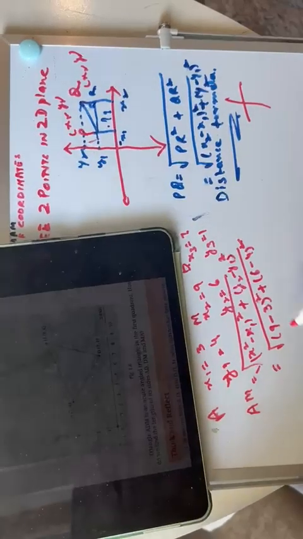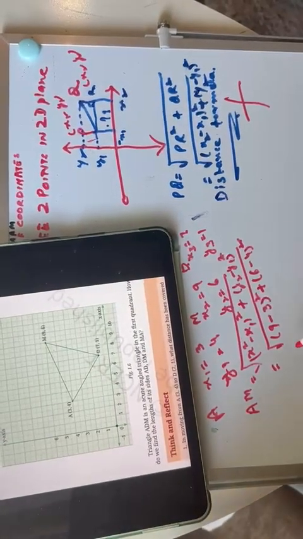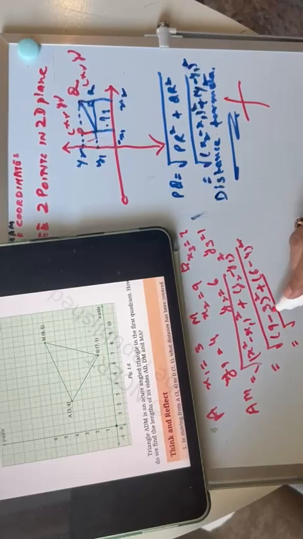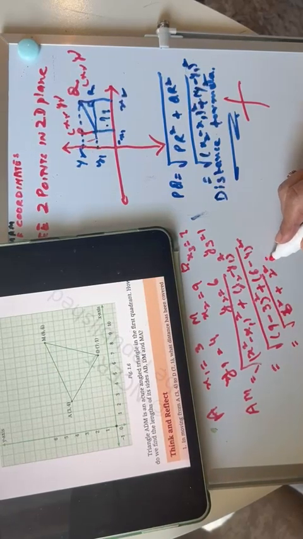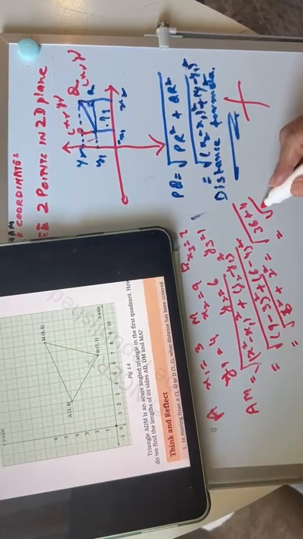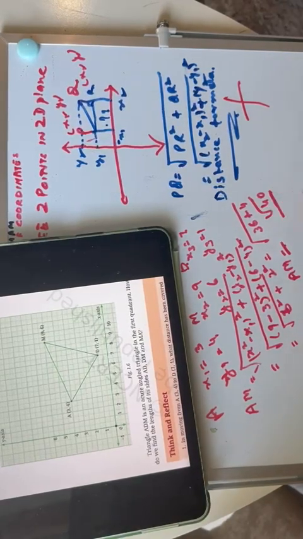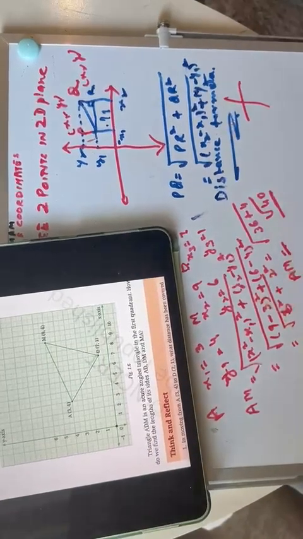Suppose in any question you are getting negative, distance is always a positive number. This is 6 square is 36 plus 2 square is 4, so under root 40. So AM is equal to root 40. Distance is never negative.